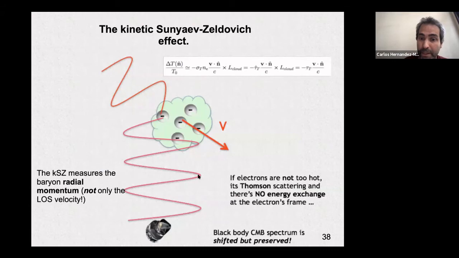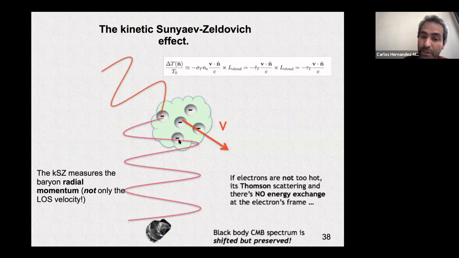If I go back here, say the Planck experiment is looking at a galaxy, but most of the kinetic Sunyaev-Zeldovich effect is actually coming from electrons outside the galaxy. The amount of electrons contributing to the effect increases as we increase the radius from the center of the galaxy, so more and more electrons surrounding the galaxy will contribute.